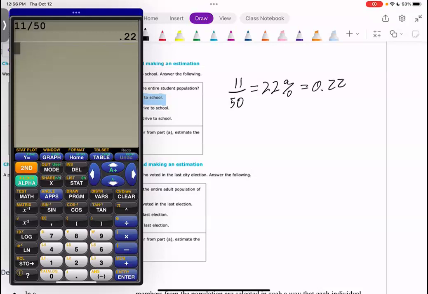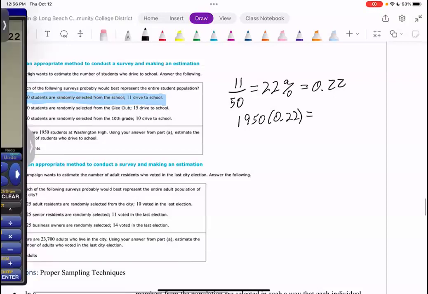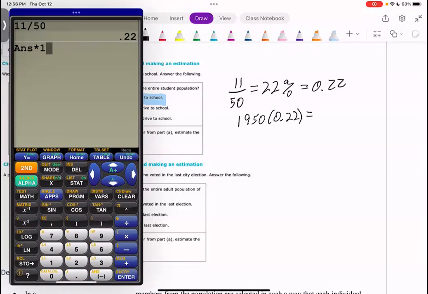And now we're going to apply that percent to the total. And the total was 1,950 times 0.22. So 429 students.